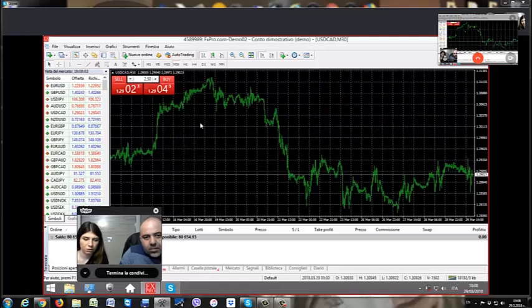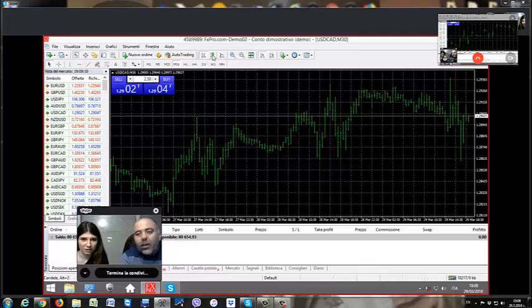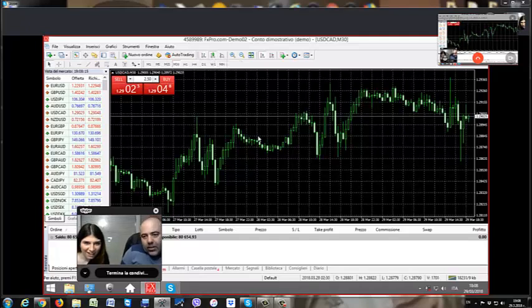What I do, I click twice on the zoom. One, two. I put immediately the Japanese candle, ready to go. As you can see, in a second, I have a new graph of a new currency ready to control and to understand the trading range in a second.